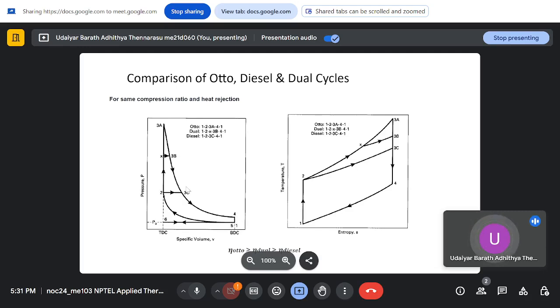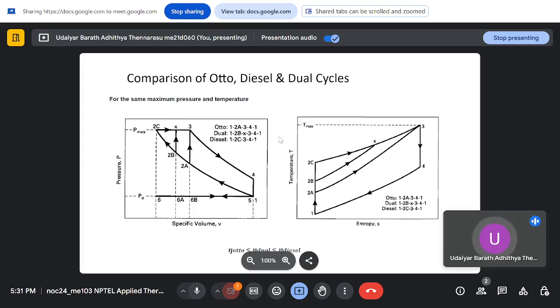So 1, 2, 3C is your diesel cycle, then X3B is your dual, and 3A 4 1 is your Otto. So Otto has more work, so the efficiency of Otto cycle is more, then dual, and then the diesel cycle.